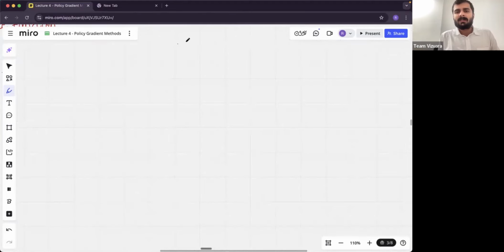Firstly, let's look at J of theta. J of theta is nothing but the value function of S0 if I follow a specific policy pi. Now, this value function can be written as the expected value of G of tau.